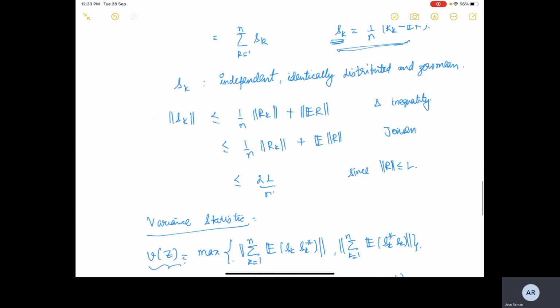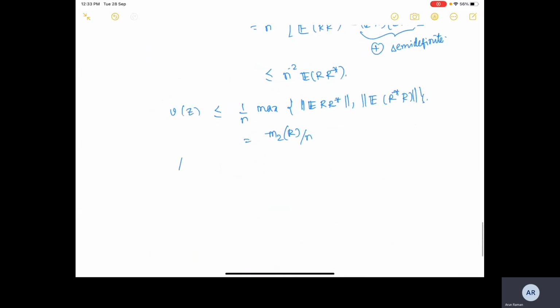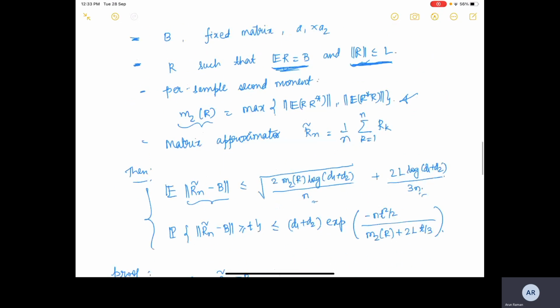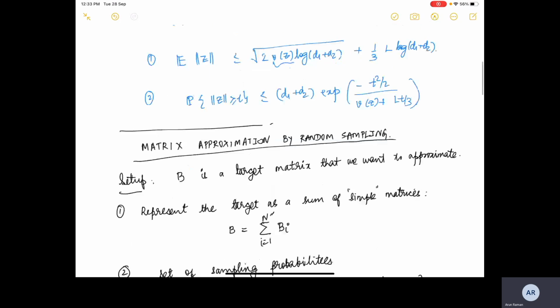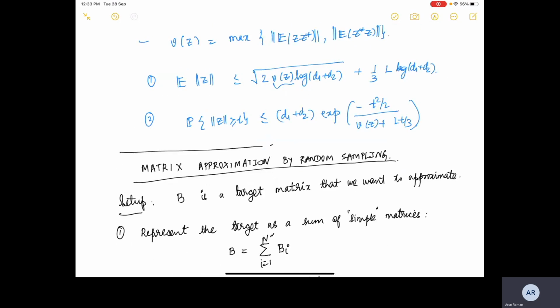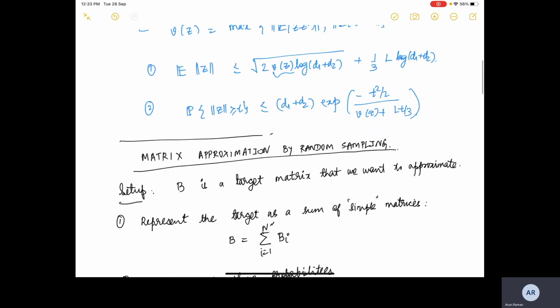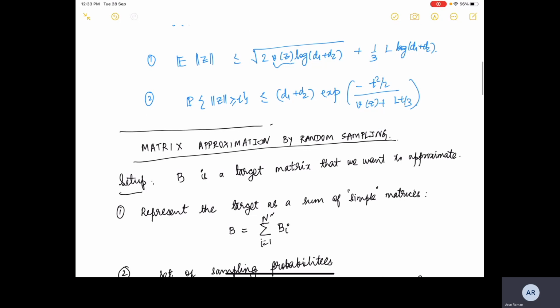Now the rest of the proof is just the direct application of the matrix Bernstein inequality. When we apply it, we will get what we are looking for. Here V of z is m2 of r by n.